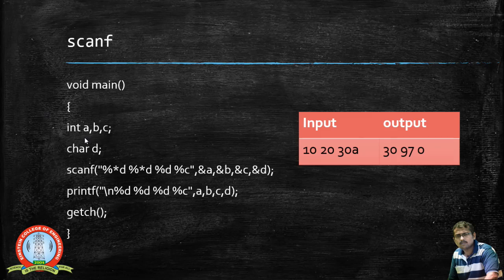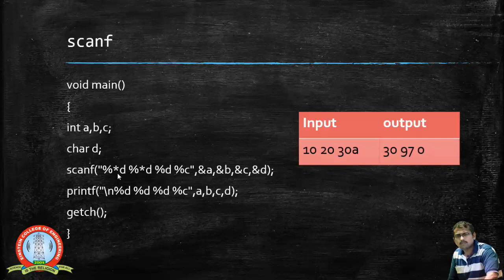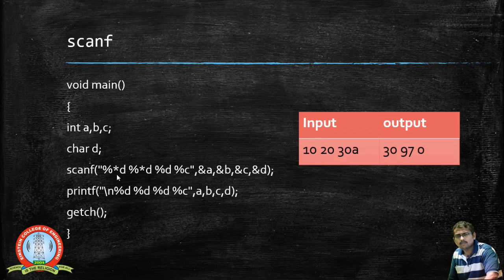So I have declared 3 integers A, B and C and a character D, and I am getting the values of A, B, C and then D. Now you see I am giving percentage D, percentage star D, percentage star D, percentage D. The first 2 control strings, percentage D and percentage star D, will accept the input, but it will not get stored. It is simply neglected.